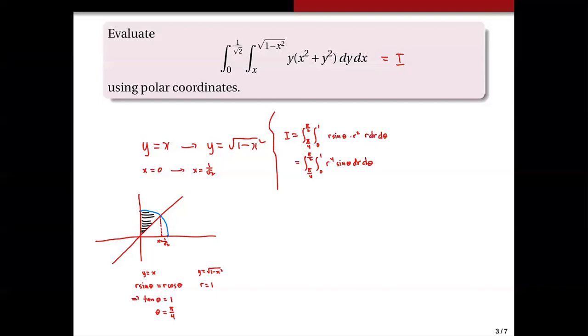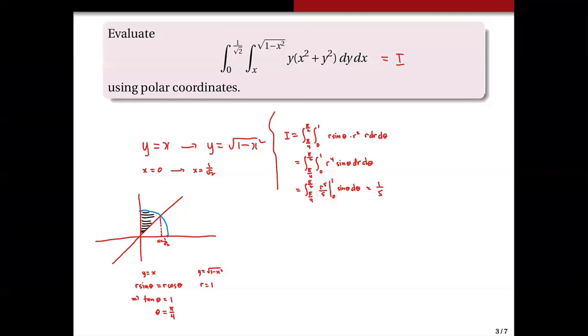So in here, we integrate in terms of r, r to the 5 over 5 evaluated from 0 to 1, and then sine theta d theta. So this is just 1 over 5 for this guy.